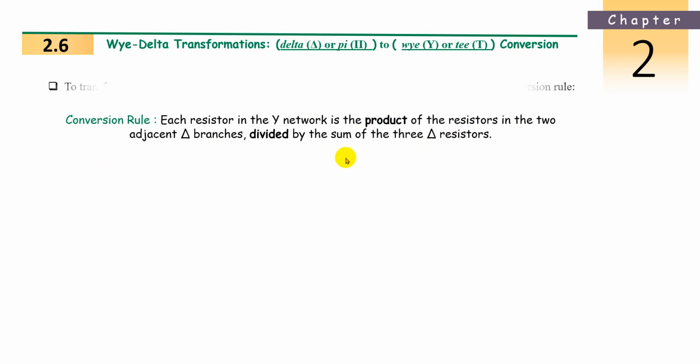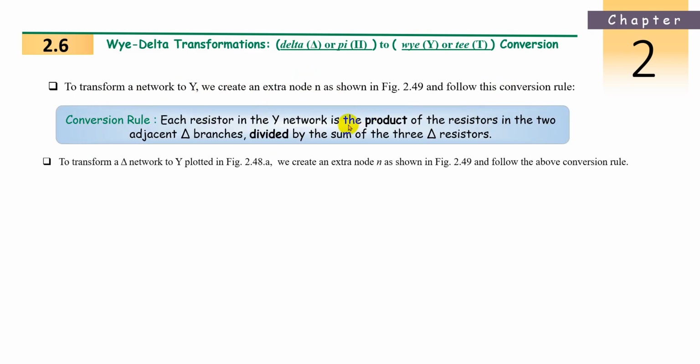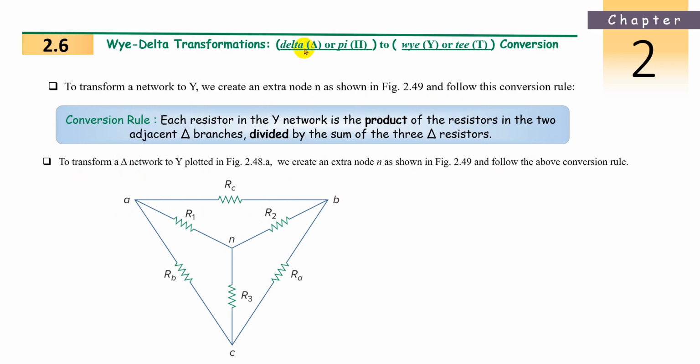Let's see. To transform a network to Y, we create an extra node as shown in the figure. The question gives the delta with nodes A, B, C, and RA, RB and RC are given.